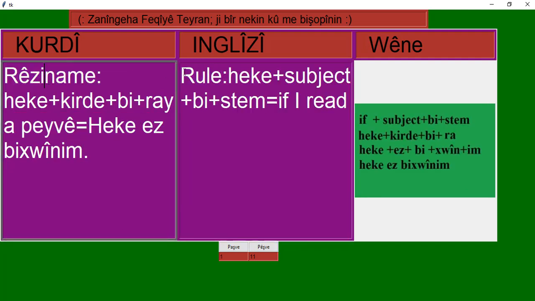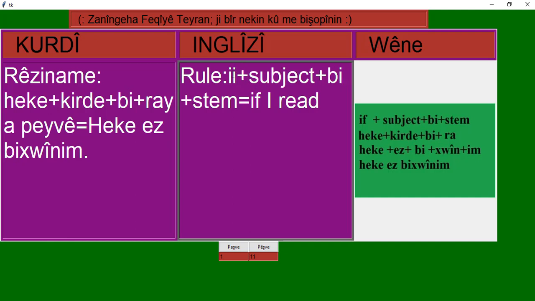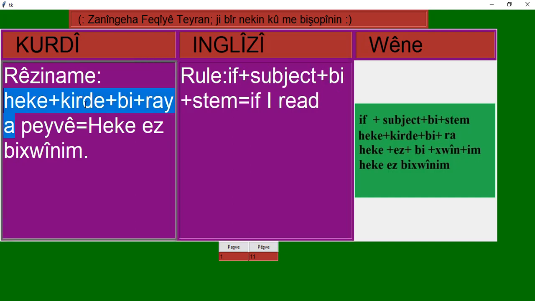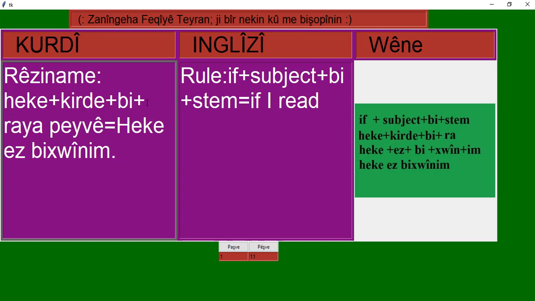Okay. So first we put heke. We put if. Heke is if. After that, subject. After the subject, we will put b in front of the raya.